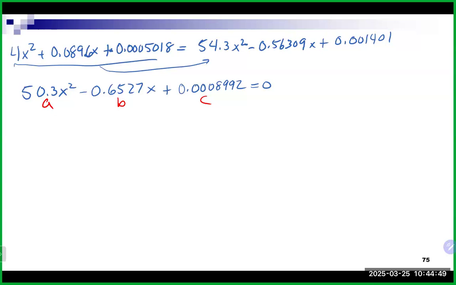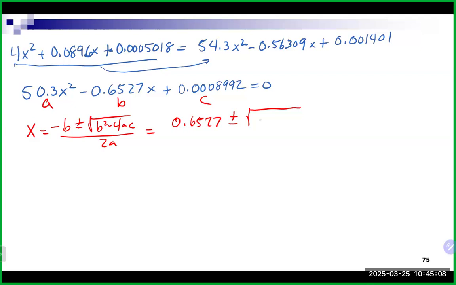Now putting that into our formula here, our x is equal to minus b plus or minus square root of b squared minus 4ac divided by 2a. Gonna get us here 0.6527 plus or minus the square root. If you take care of everything inside the square root, 0.2451.